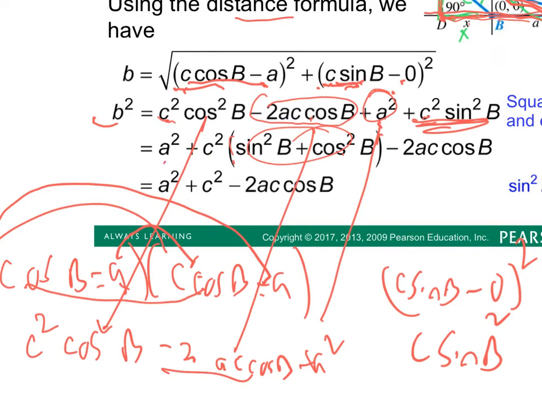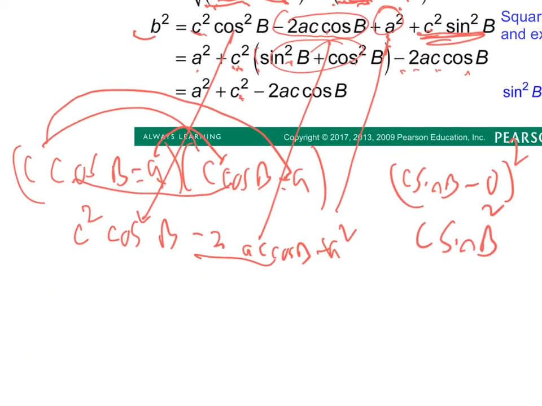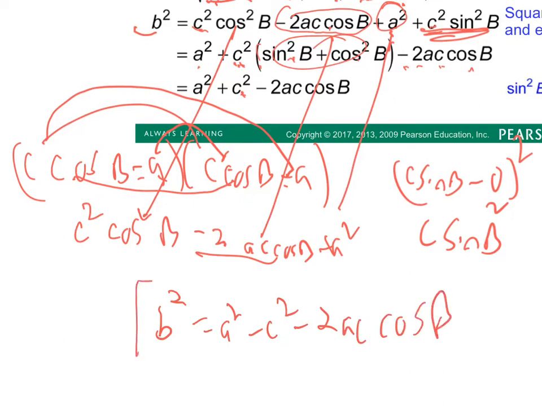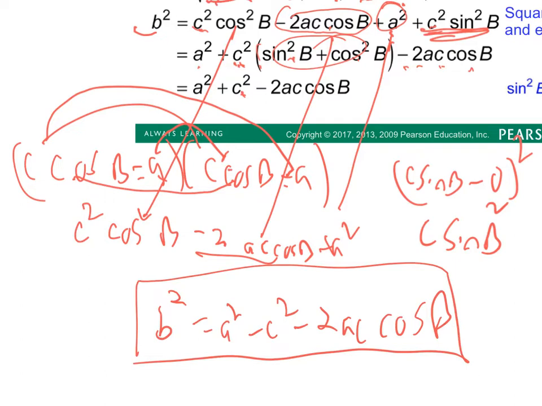A squared plus c squared times 1, it goes away, minus the 2ac cosine of B. So what you have looking at you now, b squared equals a squared plus c squared minus 2ac cosine of B, is the law of cosines. Oh, I know you're so excited.